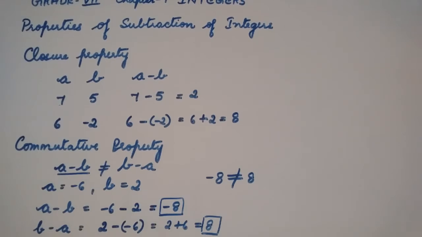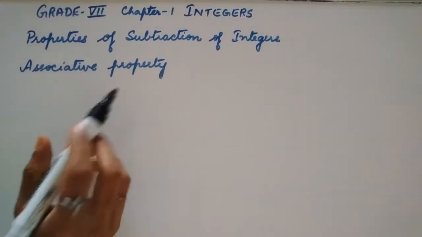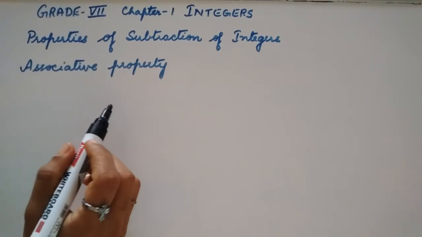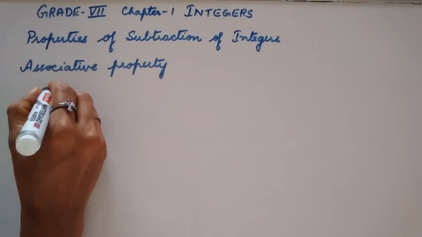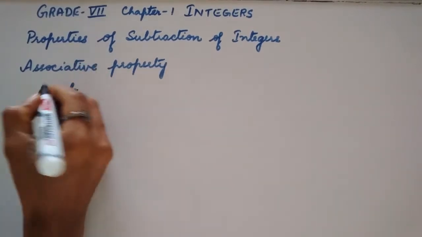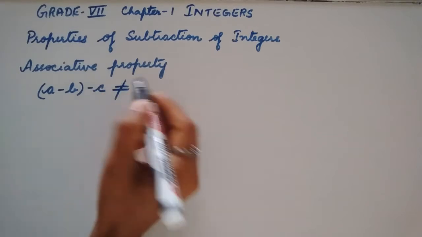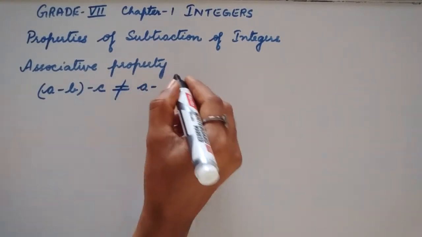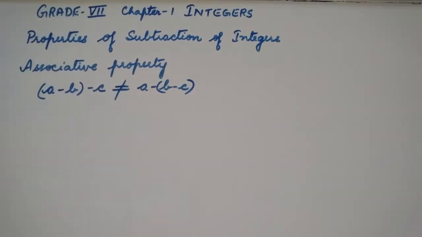Okay, now next let's check with the associative property. Associative property is also not true for subtraction of integers. That is, (a minus b) minus c is not equal to a minus (b minus c).